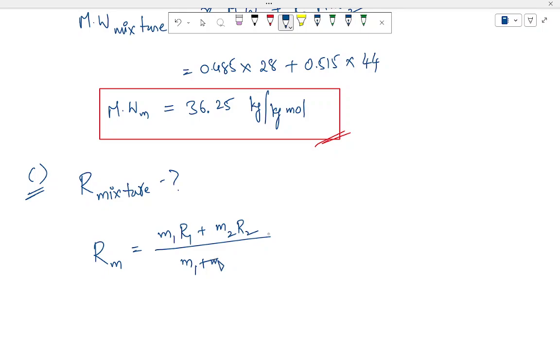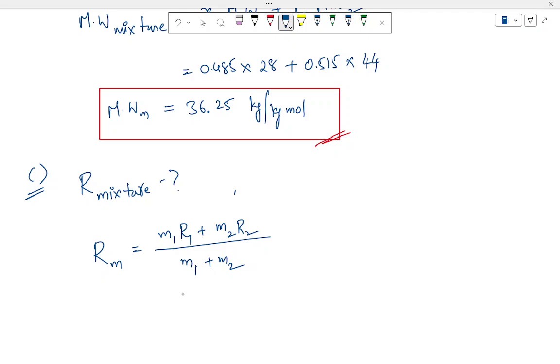Since there are only two gases here, I have written it for two gases. If there are more gases, you can extend this accordingly. Let me correct this here. Plus M2. So that is the formula here.